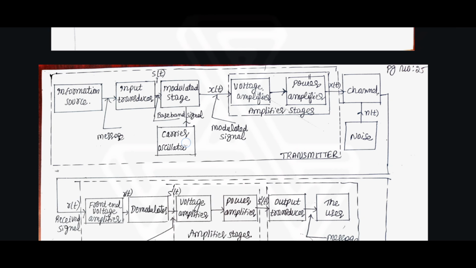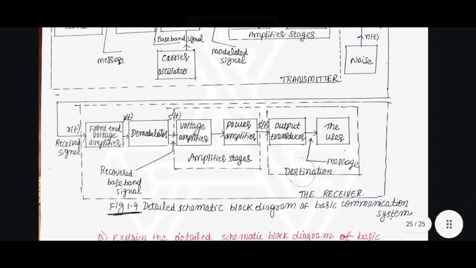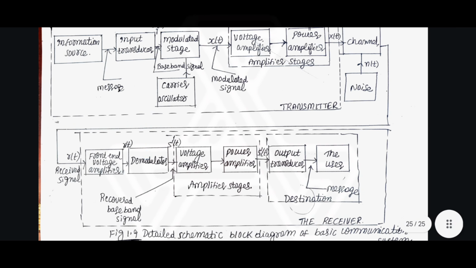X(t) can be taken here as R(t), received signal, front end voltage amplifier, R(t), demodulator, then S'(t), voltage amplifier, power amplifier, amplifier stage, S'(t), output transducer, the user, the message, destination, the receiver.